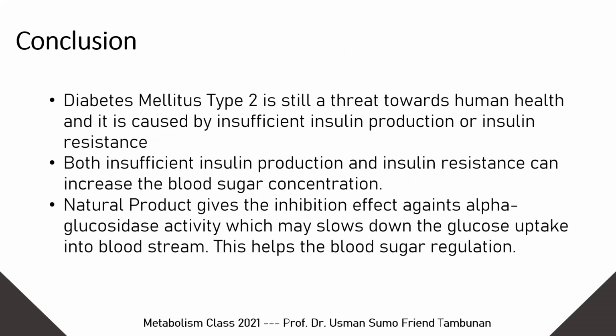Both insufficient insulin production and insulin resistance can increase the blood sugar concentration. Natural products give an inhibition effect against alpha-glucosidase activity, which may slow down glucose uptake into the bloodstream. This helps blood sugar regulation.